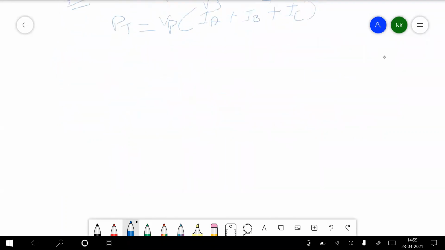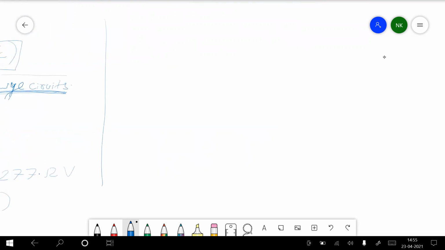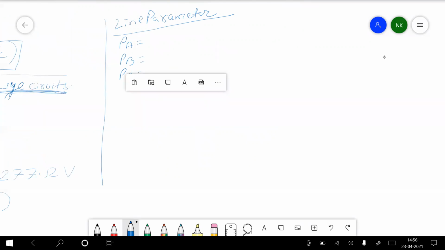Now this has been done, so let's go to another part, that is line parameters. It will be the same for all. Your PA equation, your PB equation, your PC equation.